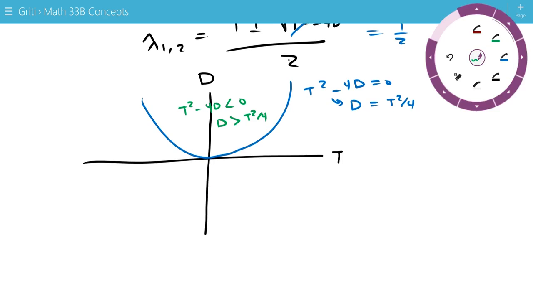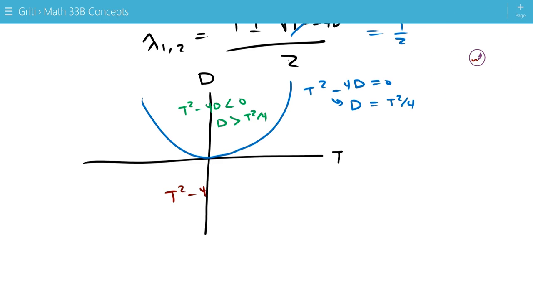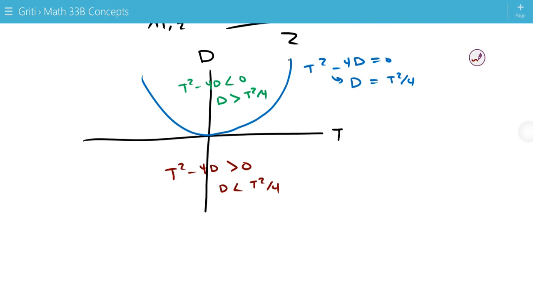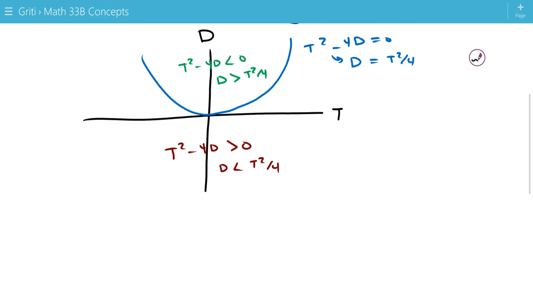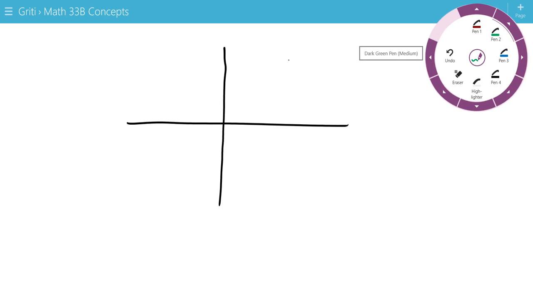And anywhere under this parabola is where t squared minus 4d is greater than 0, or in other words, d is less than t squared over 4. So these regions on this graph actually correspond to the different types of solutions we got in the phase plane portraits video.